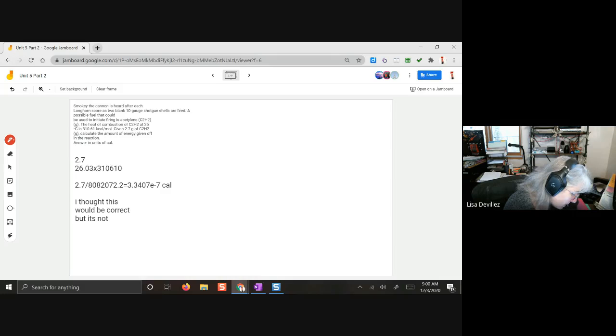Okay, it wants it in calories. All right, so first off, C2H2 plus oxygen gives CO2 and H2O.